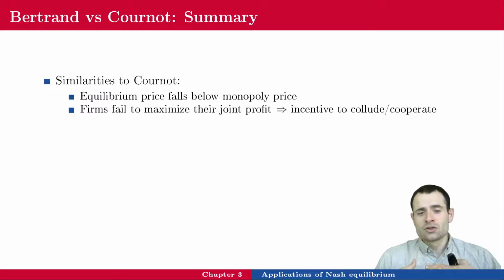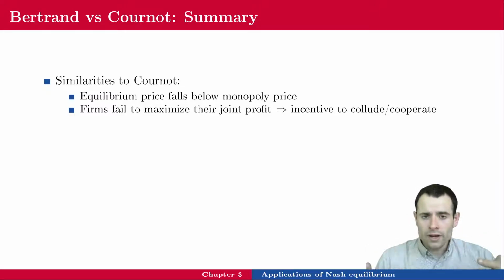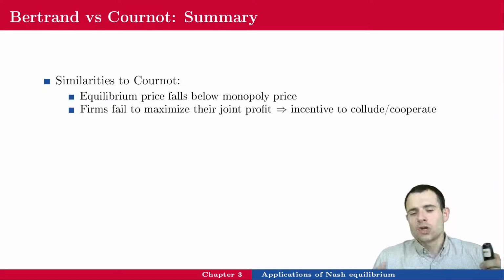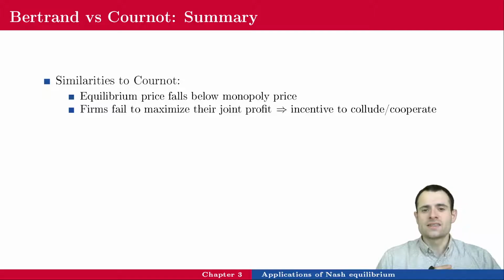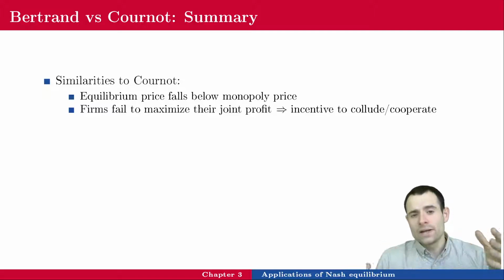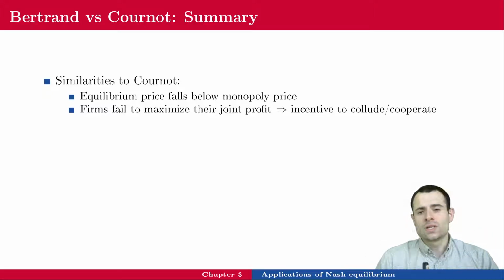They have incentives to talk to each other, cooperate, or collude. Again, collusion is not sustainable though, because they have an incentive to commit to a certain price or a certain quantity, and then they have an incentive to backstab their competitor to increase their profits.